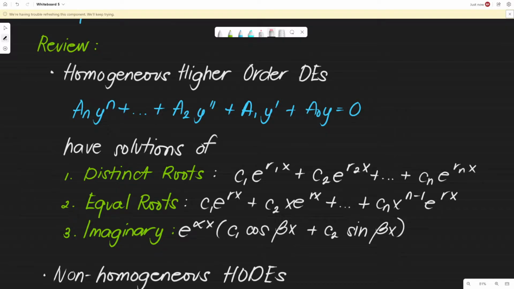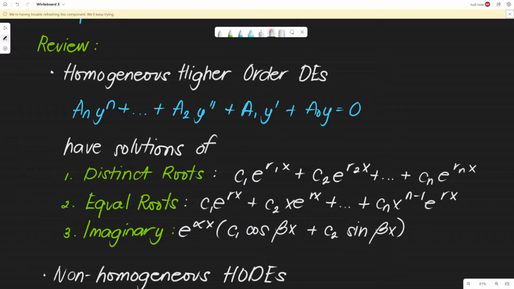Then we have the equal roots. Kapag let's say ang nakuha natin sa solution natin ay parehas 1, therefore we have equal roots. So we will be applying the concept of reduction of order for us to be able to determine the solution to the homogeneous higher order differential equation with equal roots.